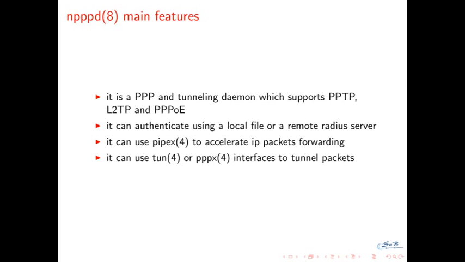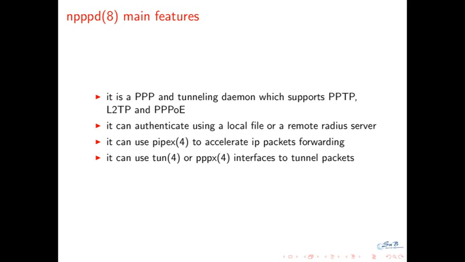Anyway, npppd's main feature is that it is a PPP tunneling daemon, which supports the PPTP protocol, L2TP protocol, and PPP over Ethernet. At the moment, I currently use PPTP and L2TP, and never use PPP over Ethernet. I can authenticate users using a local file or a remote RADIUS server.